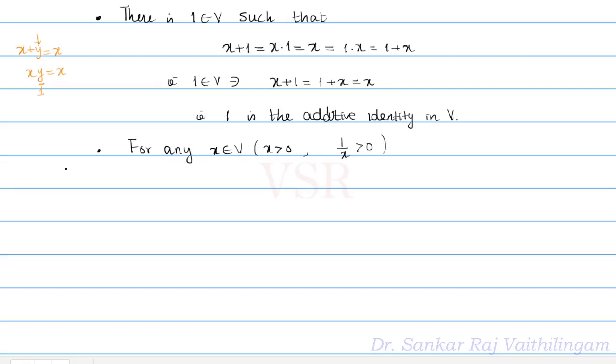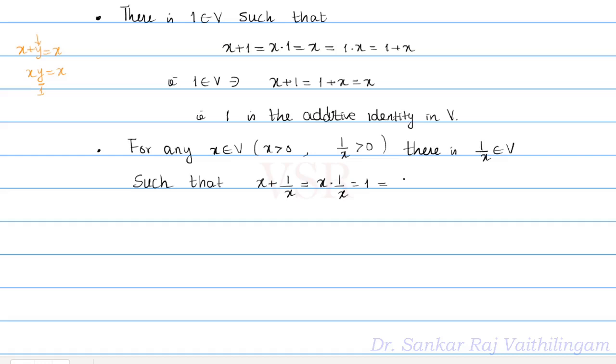So there is 1 by x belongs to capital V such that x plus 1 by x is equal to x into 1 by x, which is equal to 1.